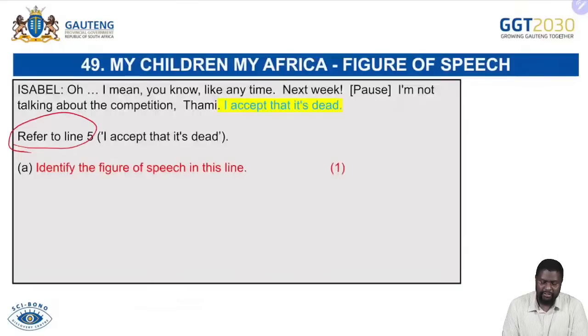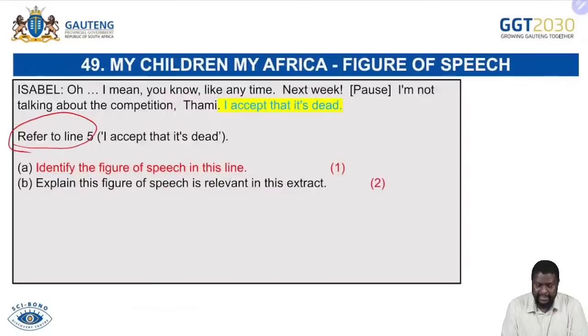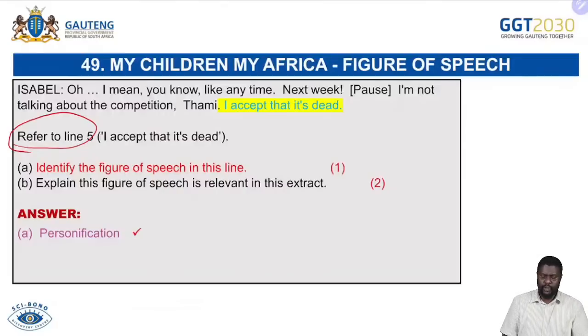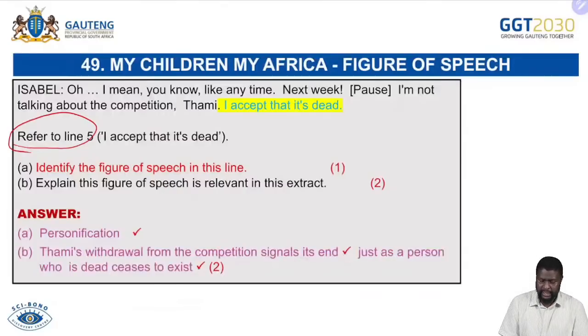Explain why this figure of speech is relevant. What is our answer here? We have personification. I accept that the competition is dead. Personification. When we give human qualities or what? Human qualities to non-living objects. Tammy's withdrawal from the competition signals its end, like the competition is dead.